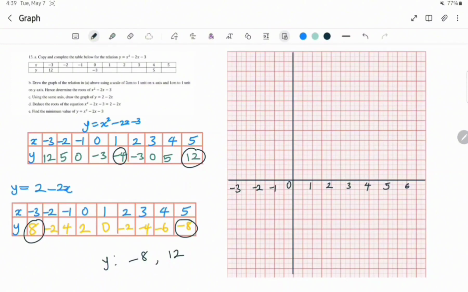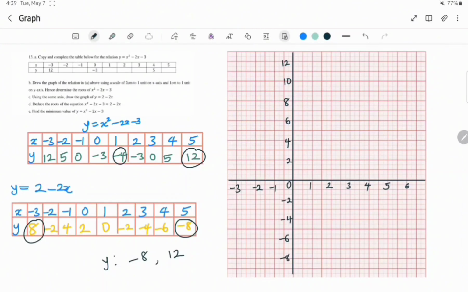Then for y, we are sketching from -8 to 12. So if this is 12, 10, 8, 6, 4, 2, 0, -2, -4, -6, -8.